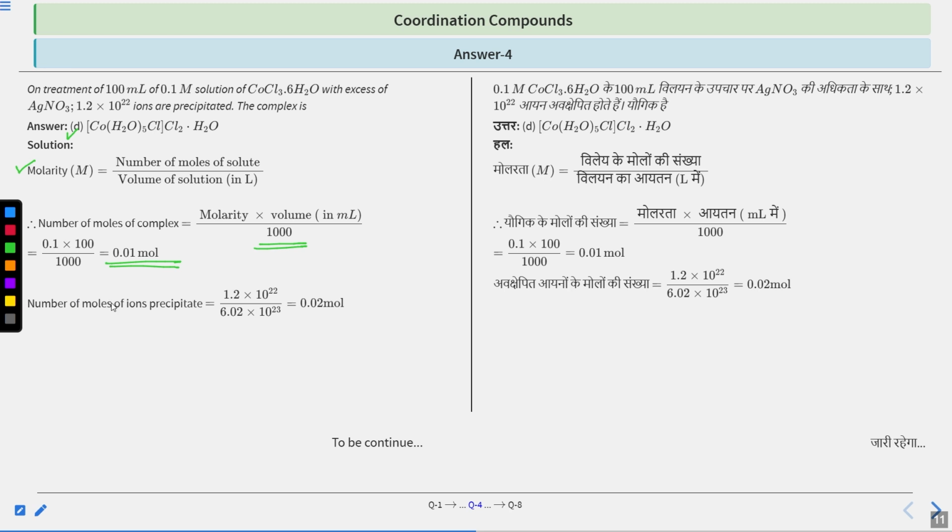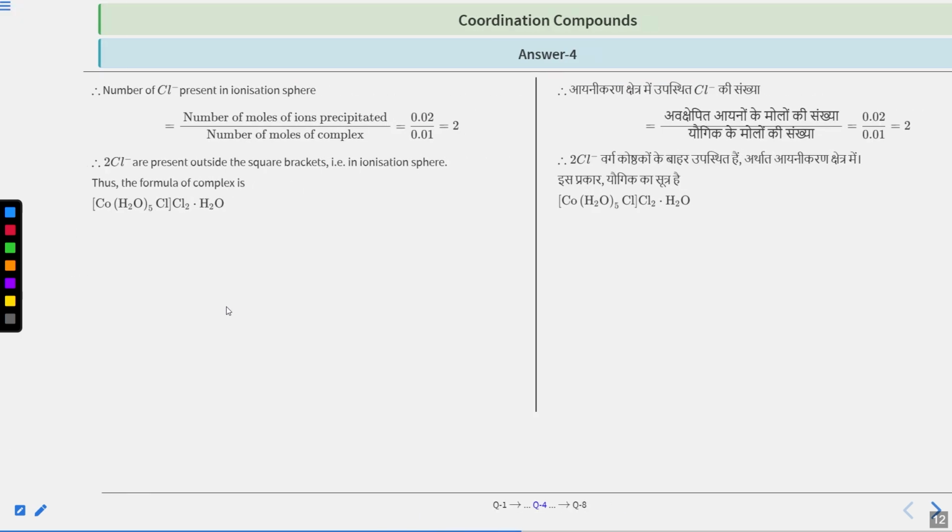Now, the number of moles of ions which is precipitating will be the given number of ions divided by Avogadro's number. So it will be 0.02 mole. The number of moles of ions precipitated will be 0.02 mole, and we have the number of moles of complex. We have to find out the complex, right?